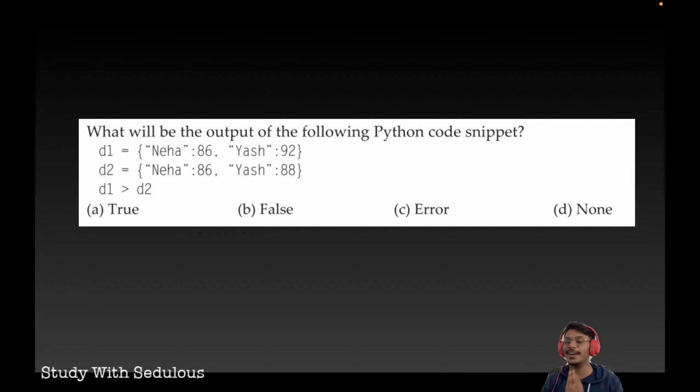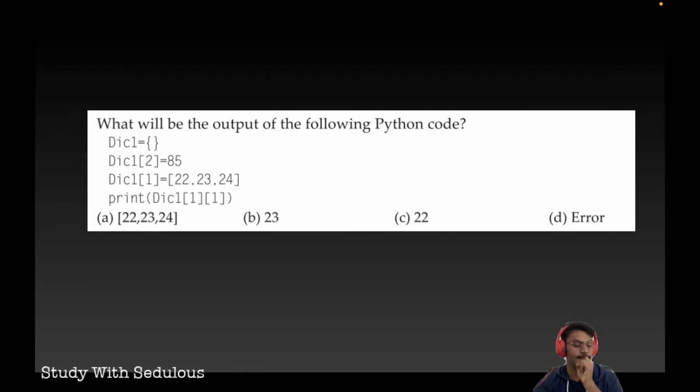What will be the output of the following Python code? D1 is a dictionary. Dictionary 1 of 2 is 85. So dictionary 1 of 2, third position? 0, 1, 2. Third position? No. It's not like that. 2 is the first position or 0th value because there is no indexing in dictionary. 0, 1, 2, 3, 4, it's not there. 2 is the first value.